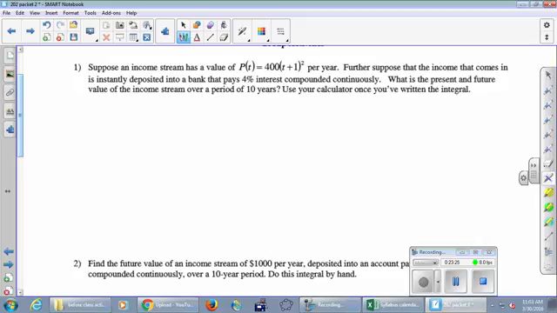The continuous piece is going to be mandatory for all of our calculus problems. That allows us to use our E formulas, so you don't need to take it into account. It's already embedded in the e to the rt formula. We want the present and future value of the income stream over a period of 10 years. Once we've got an integral written down, we'll just type it into our calculator.